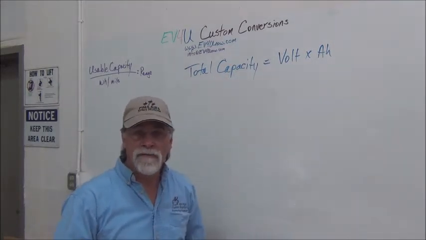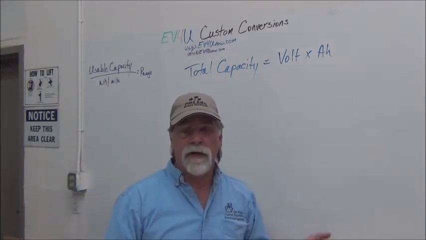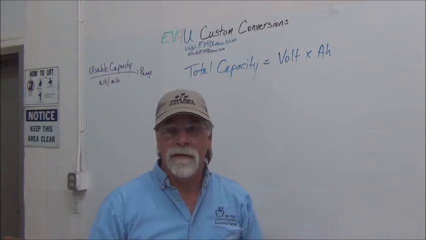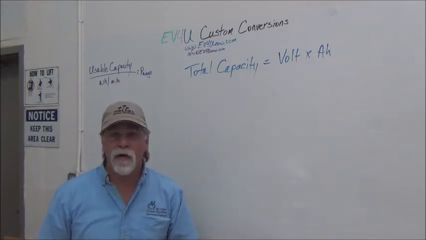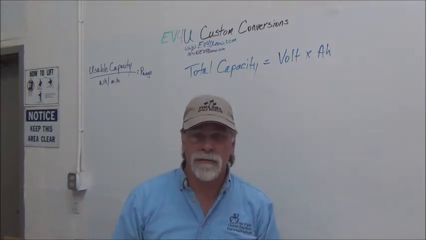Basically it's going to be the number of cells in series times the nominal cell voltage times the amp hour rating of the individual cells.